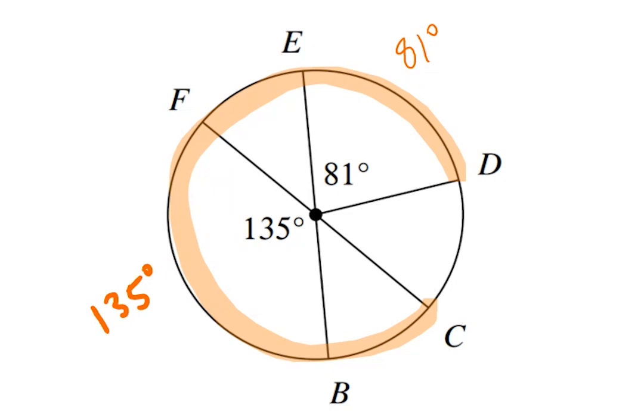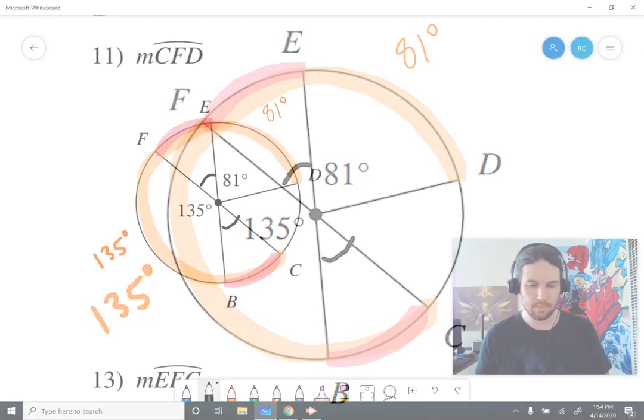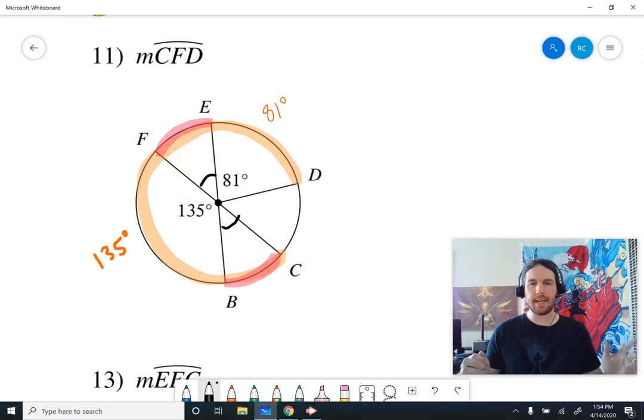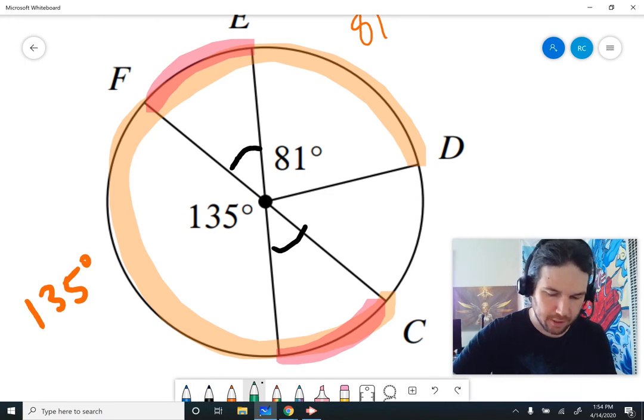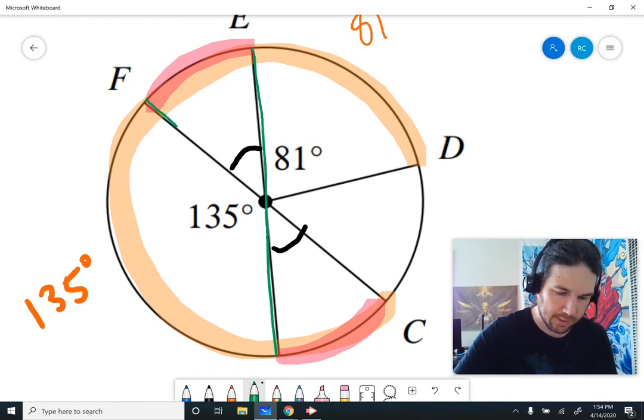So we really just need to know this arc and this arc, which means we need to know this angle and this angle. Now, I want you to take a second and look at this, and this should look familiar. Strip away all of the excess and just look at these two lines.